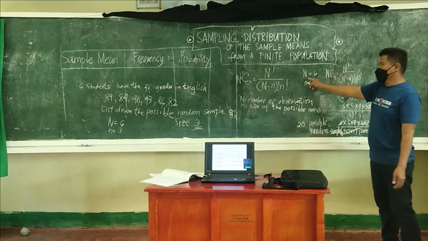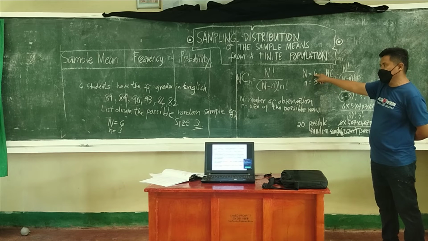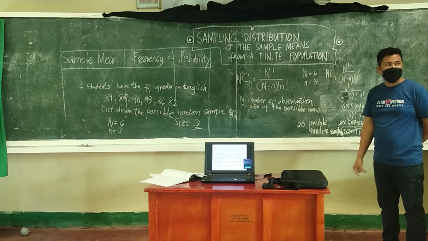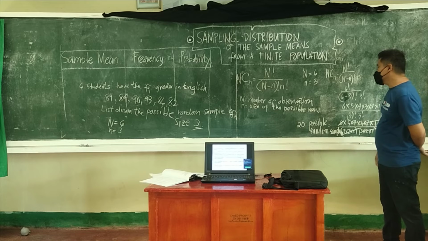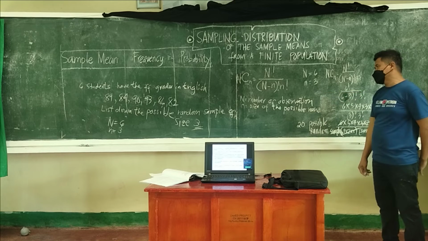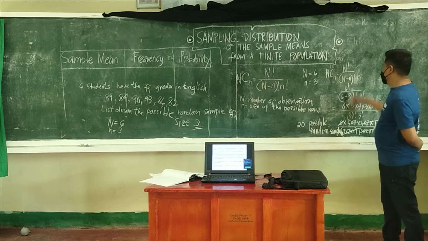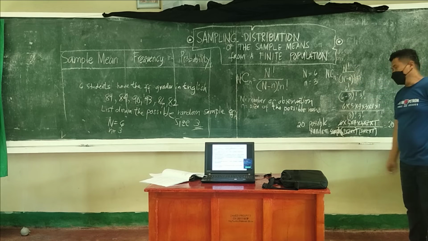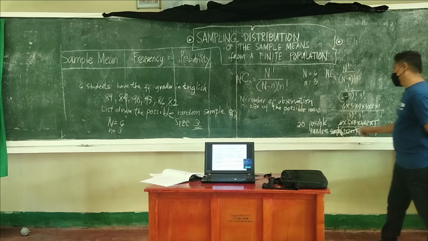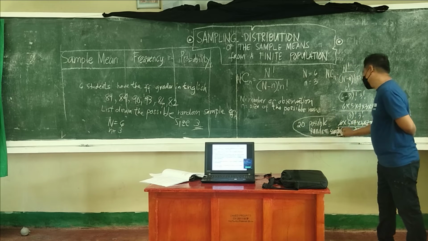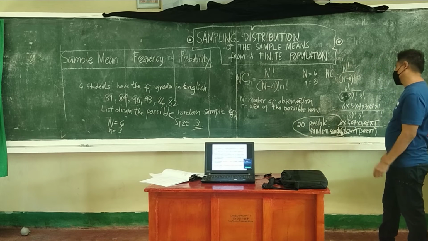In the given population, N is 6, since 6 is the number of students, and small letter n is the size of the possible random sample. Then we show the solution, and the answer is there are 20 possible random samples.